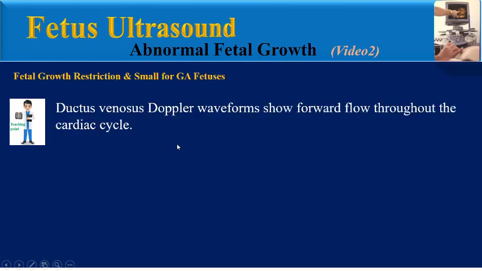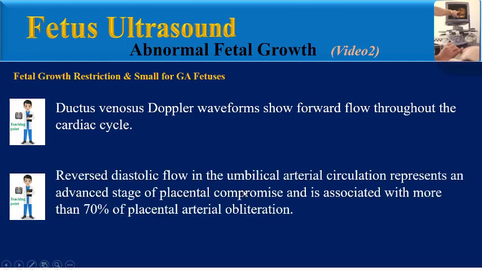Ductus venosus Doppler waveforms show forward flow throughout the cardiac cycle. Reverse diastolic flow in the umbilical arterial circulation represents an advanced stage of placental compromise and is associated with more than 70% of placental arterial obliteration.